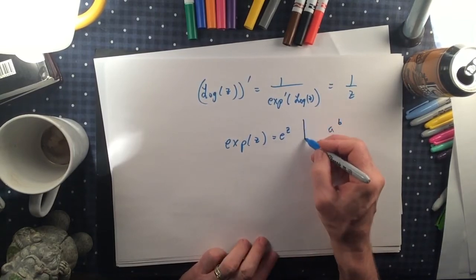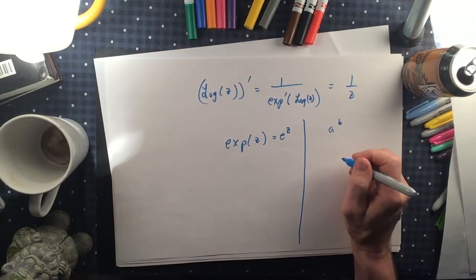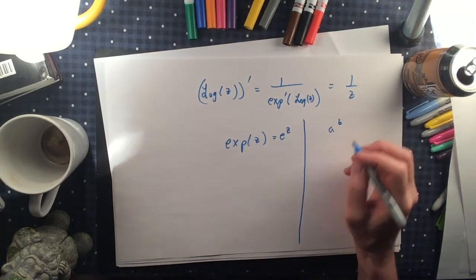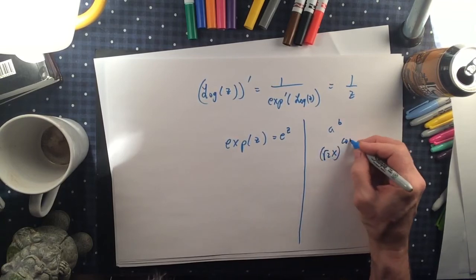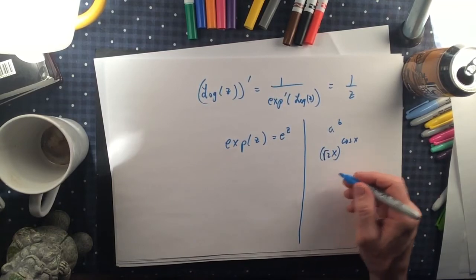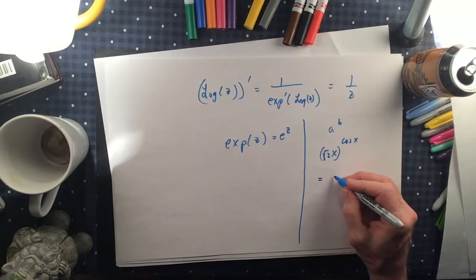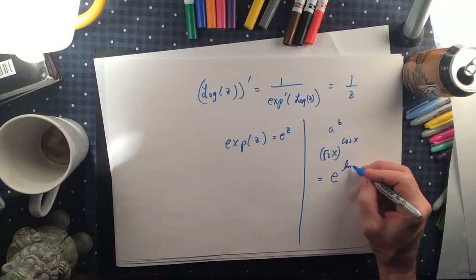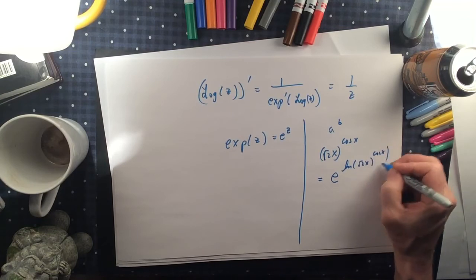Now, you shouldn't be surprised when you see this, because for a complex number raised to a complex number, we're going to emulate what we did with the reals. Do you guys remember the square root of 2x raised to the cosine of x, and somebody asked you to do a derivative? How did you figure that out? Well, the answer was you usually did this. You did e to the ln of the square root of 2x raised to the cosine of x.